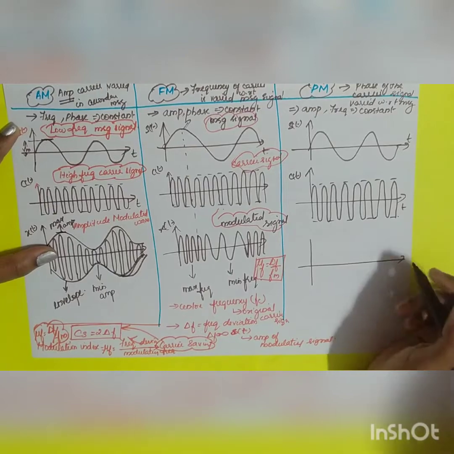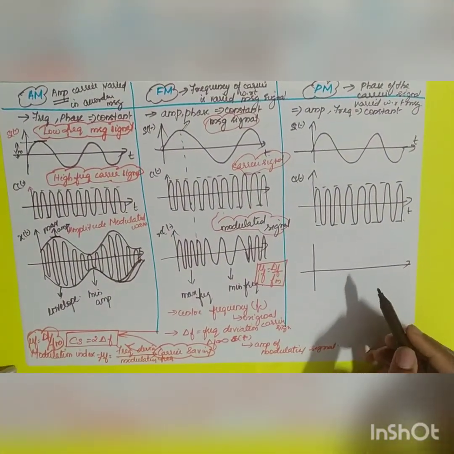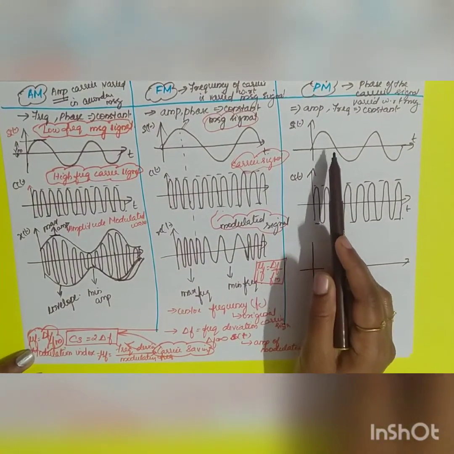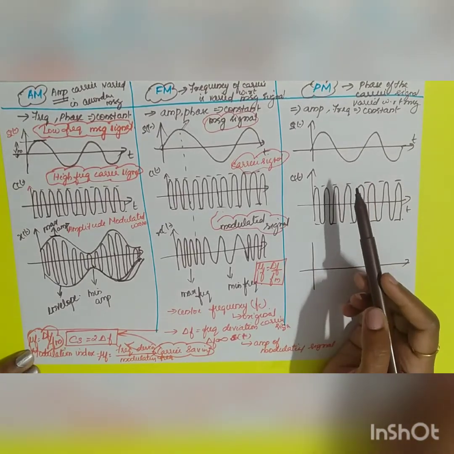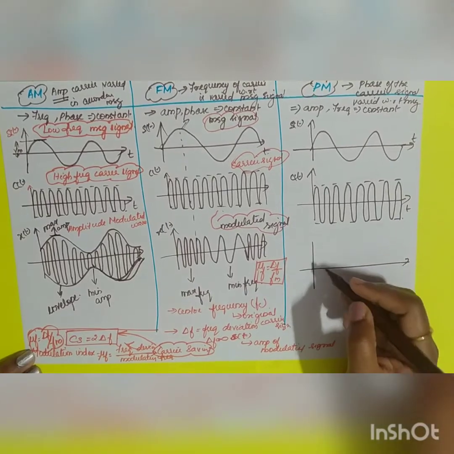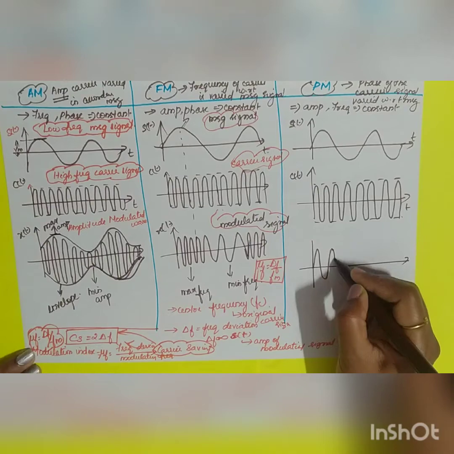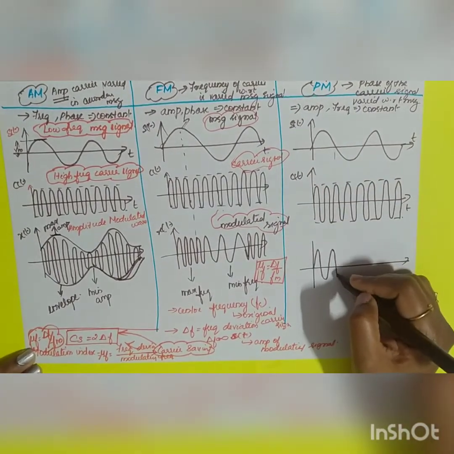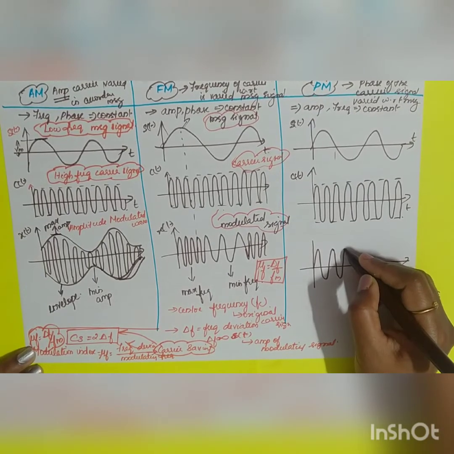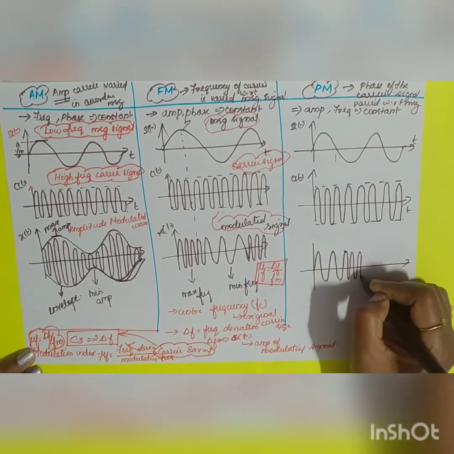Now how will you get your phase modulated signal? In the case of a phase modulated signal, as the modulating signal increases in amplitude, what happens to the phase of the carrier signal? There will be a phase lag, so it will be stretched during the positive half cycle of your message signal. Whereas in the case of the negative half cycle of your message signal, there will be a phase lead, so the signal will get compressed.